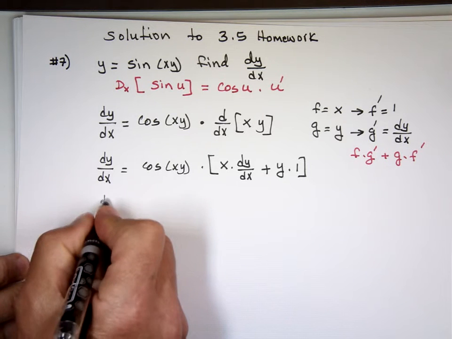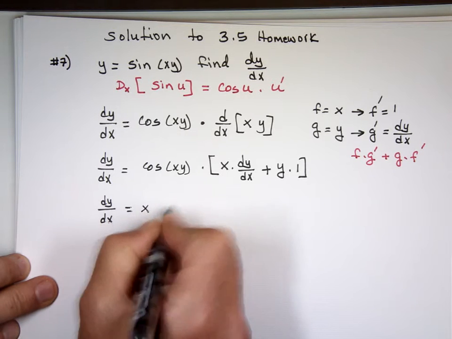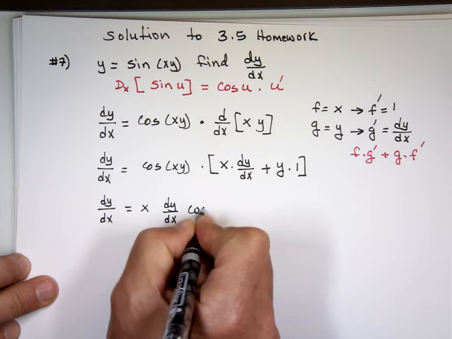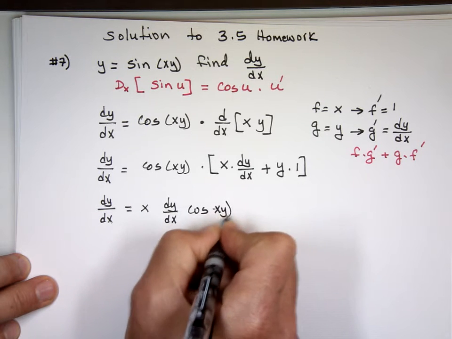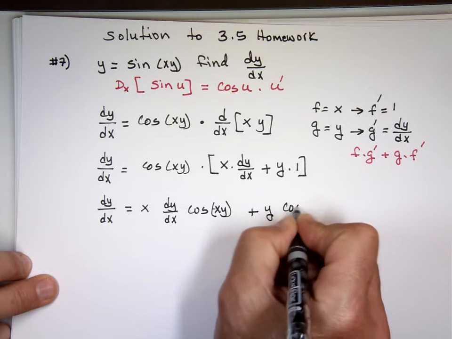Distribute that: x dy dx times cosine xy plus y times cosine xy.